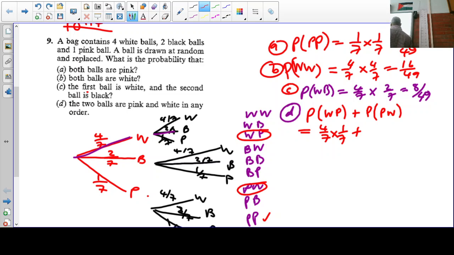If you follow the other branch, it's pink, which is 1 out of 7 times white, which is 4 out of 7. The next calculation should give 4 over 49 plus 4 over 49, which is 8 out of 49.